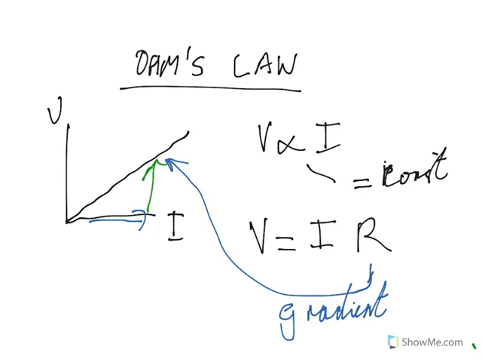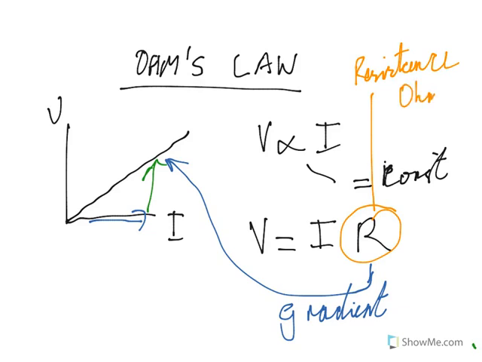Alright, now the other thing about this R here is that it's what's called the resistance, and it's measured in ohms, which is the capital omega symbol, rather than having to write out the word ohms.